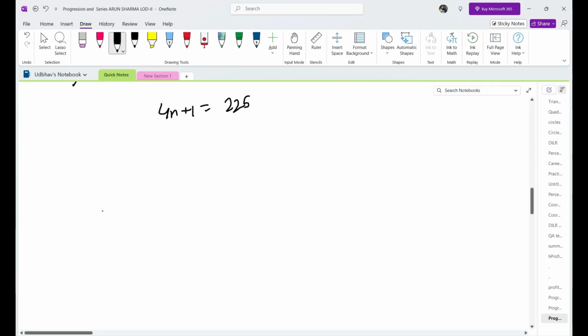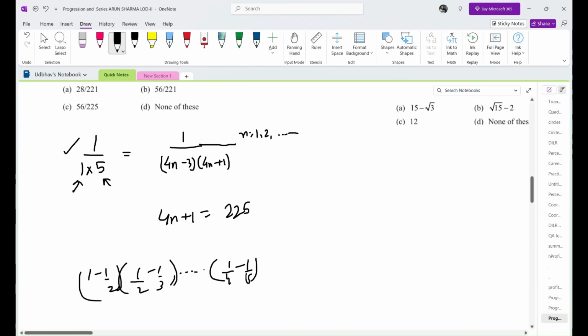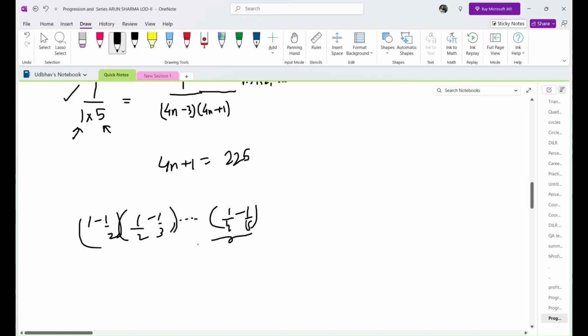Because when I told you the example of 1 upon 1 minus 1 upon 2, plus 1 upon 2 minus 1 upon 3, and it went up to 1 upon 4 minus 1 upon 5, if you saw, when we added all of these terms, everything got cancelled. Even the 1 upon 4 got cancelled, and the last term left was 1 upon 5.